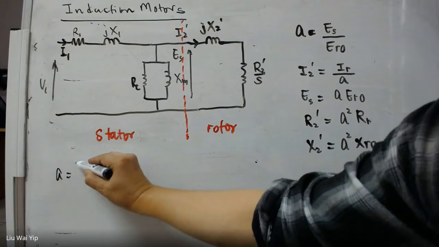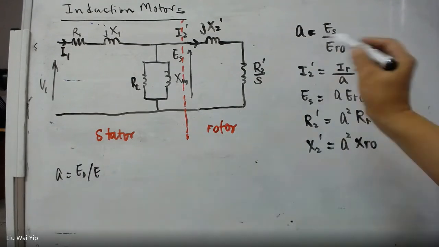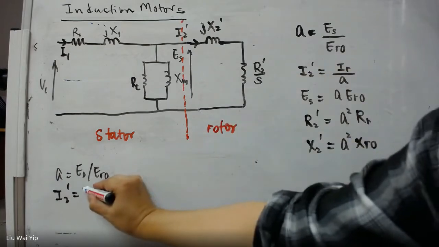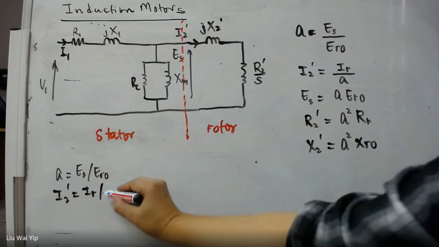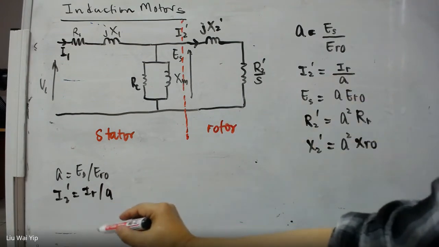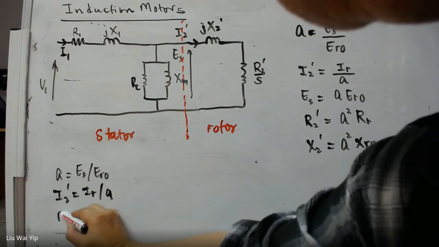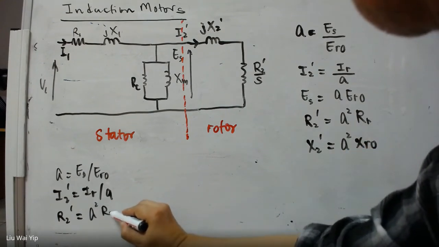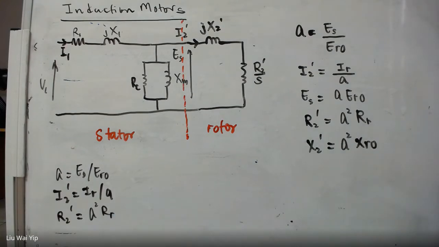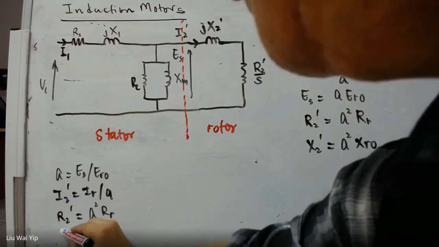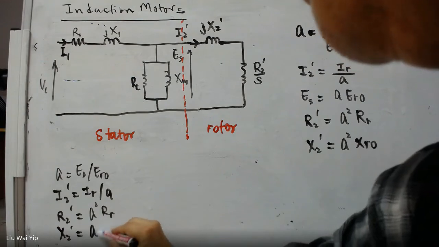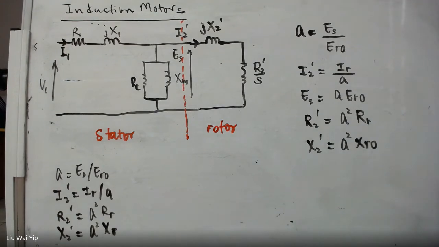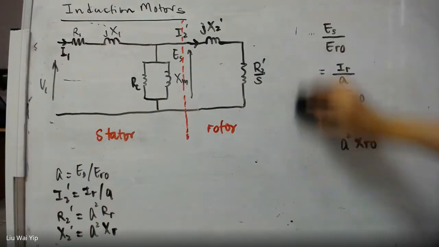A is equal to ES divided by ER0, and I2 is equal to the rotor current divided by A. And then the rotor resistance R2 is equal to A square times R. And then the rotor reactance is A square times XR. Okay? So we free up a lot of space now.